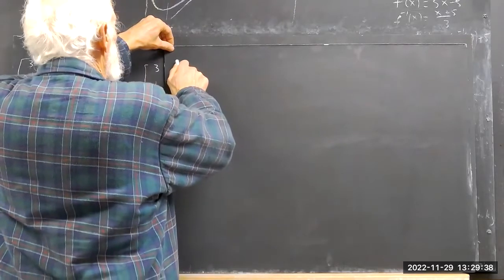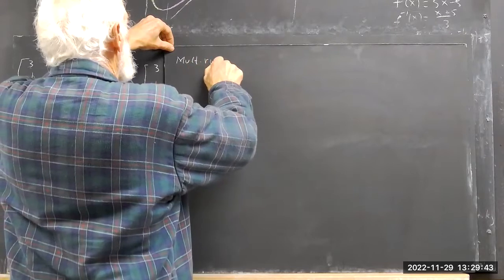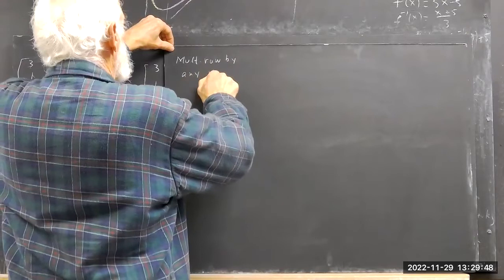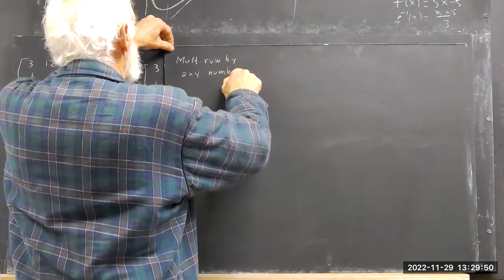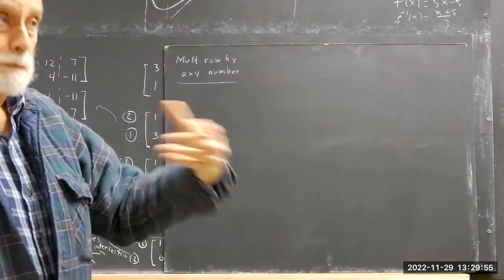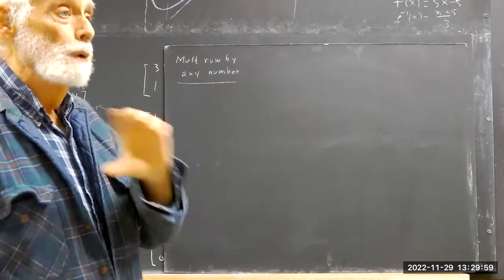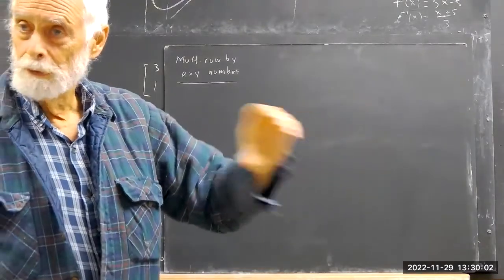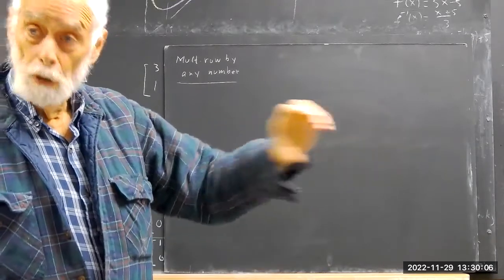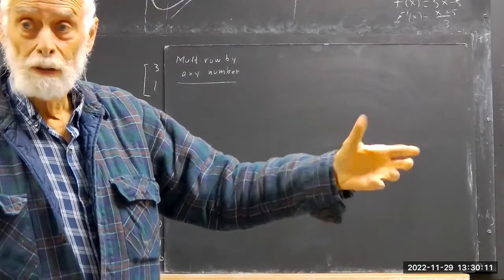So we can multiply a row by any number. And I believe Open Math has told you this. Just like we can multiply an equation by any number, because a row stands for an equation. We can multiply the whole equation, both sides, by the same number, and it doesn't change its solution.